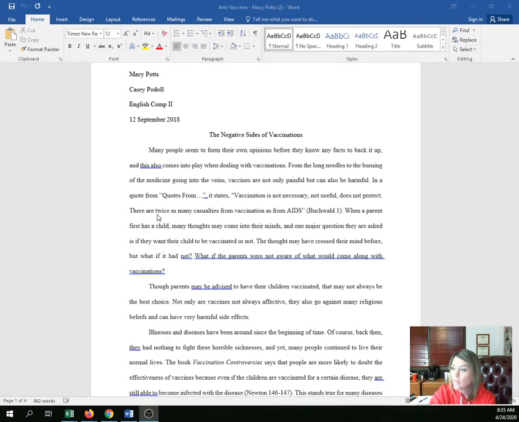Number one, here's a source in a quote from, let's look right here. Quotes from, so it's a longer title, and it's in quotes. Every source you use must be italicized if it's a book or a longer article, or quotation marks if it's something shorter. Most of them are quotation marks.